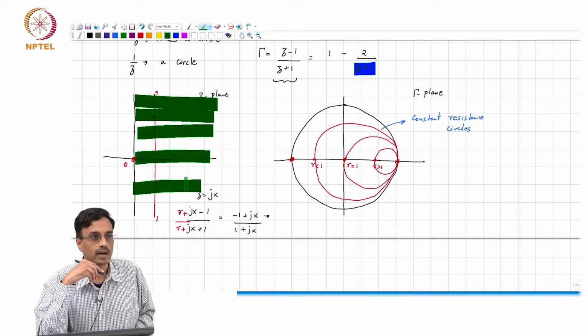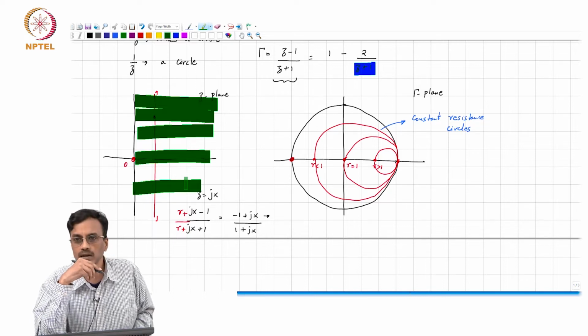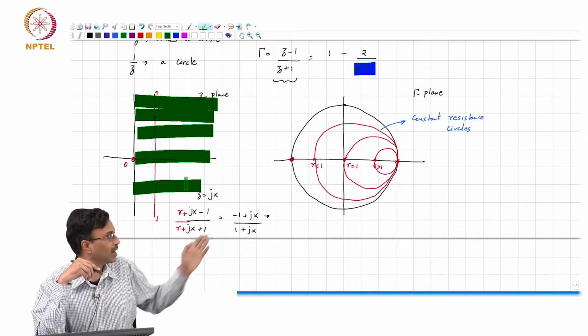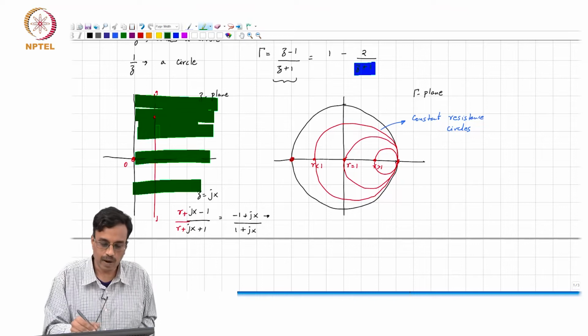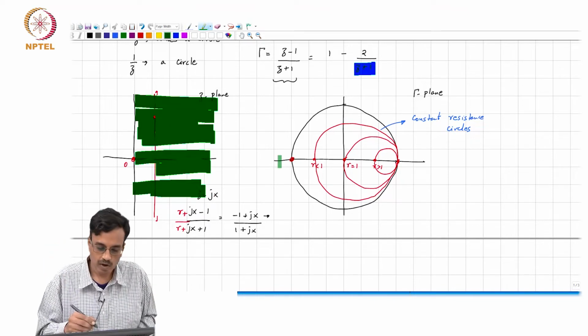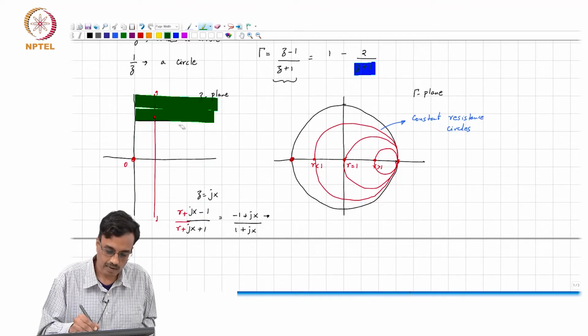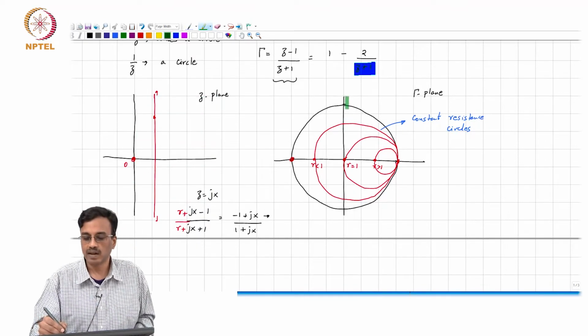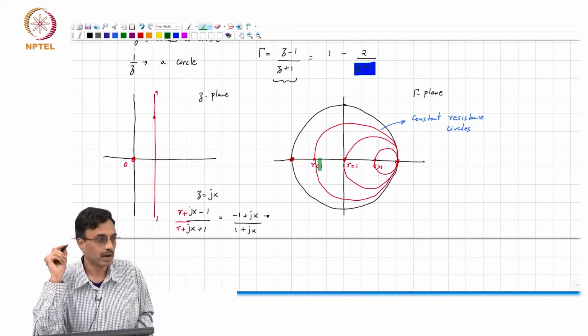We knew this already. Where will that entire space map to in the gamma plane? Basically, it is inside the unit circle, right?